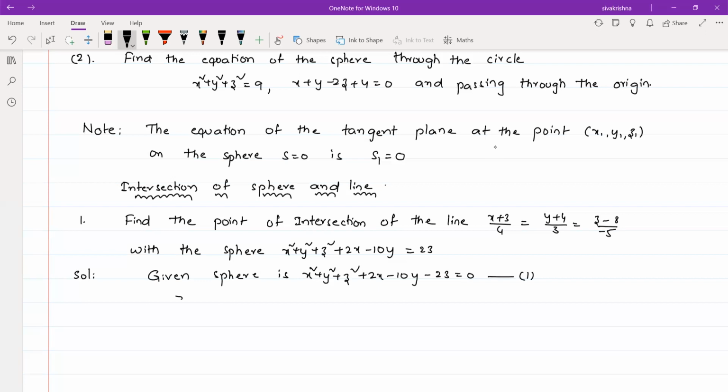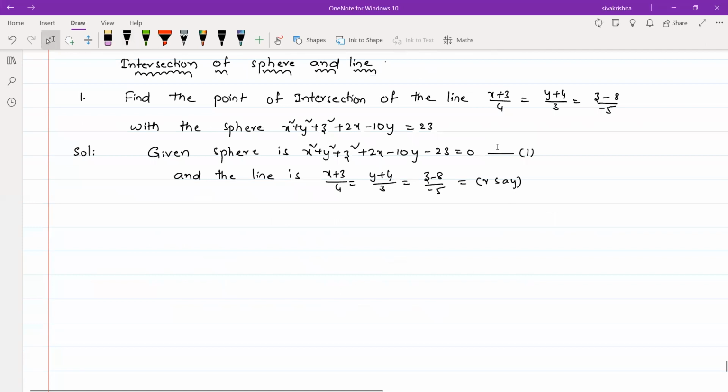And we also have the line equation, (x plus 3)/4 equals (y plus 4)/3 equals (z minus 8)/(minus 5). This is the given line equation. If you want to write any point on this line, we have to equate this line to small r. By equating this line equation to small r, we can write any point on that line.